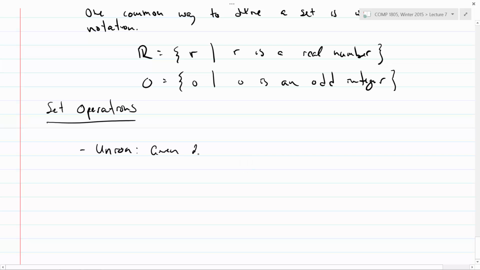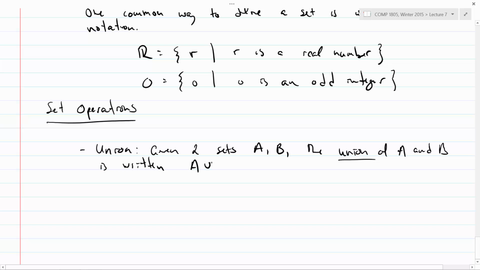So given two sets A and B, the union of A and B is written A, then a cup, and then B. So it's like a little letter U, but without a tail or anything like that.